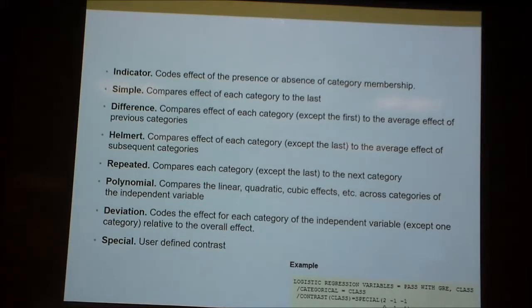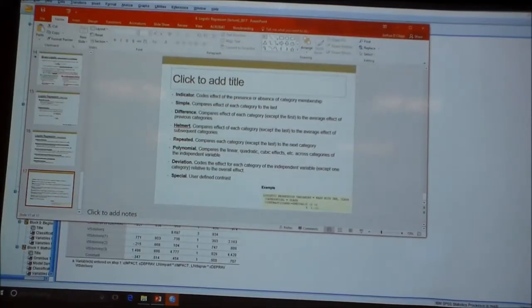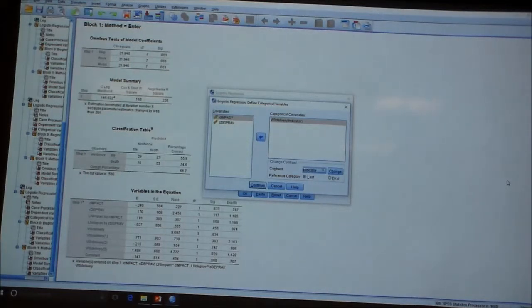Difference compares the effect of each category to the average effect of all the other categories. Helmert compares the effect of each category, except the last, to the average of the subsequent categories. So there are different types of things you can set up based on your specific questions that you want to put in the model. But indicator variable is going to be the basic run-of-the-mill, and it will probably do most of the things you'll want to do unless you want to start comparing.